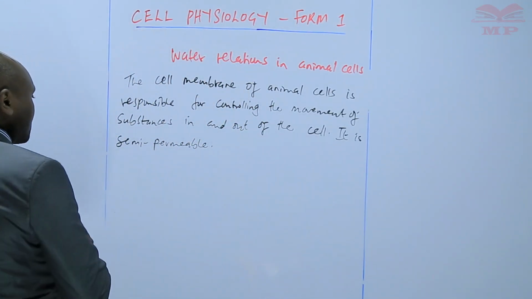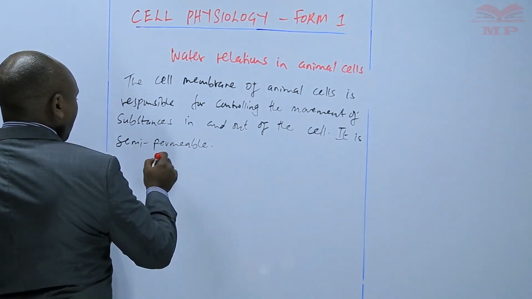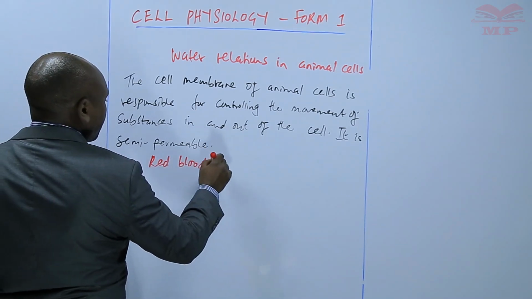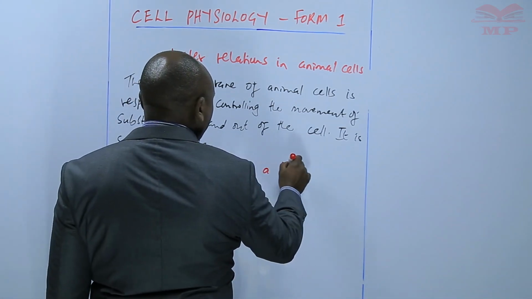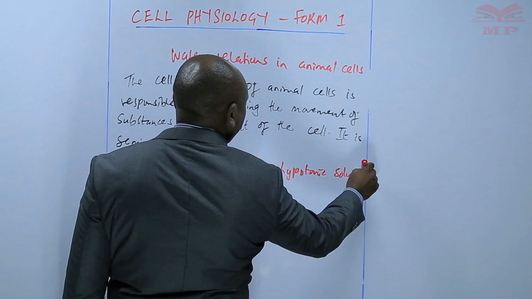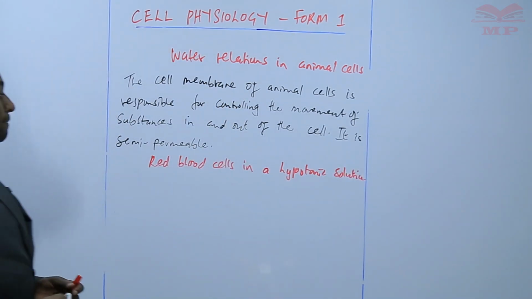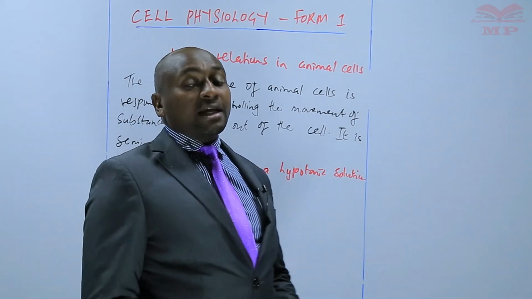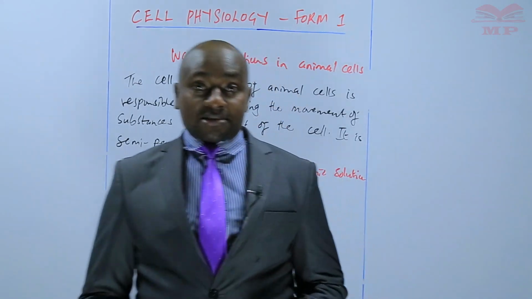So the first scenario is we'll take an example of red blood cells in a hypotonic solution. When the red blood cells are put in a hypotonic solution, they will definitely gain water by osmosis.